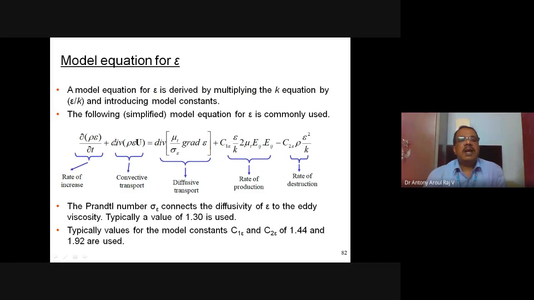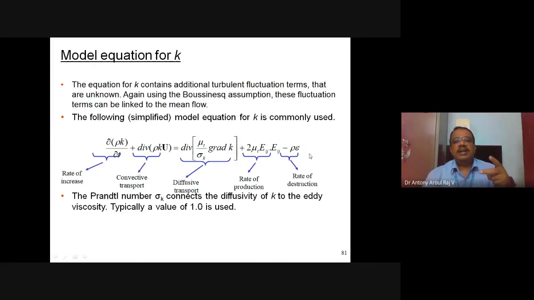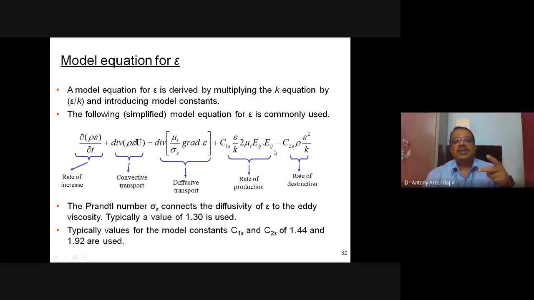Similarly, we have the equation for dissipation also. I have the transient term, convective term, diffusion term, and I have production as well as destruction terms. So we have two beautiful equations: one is the turbulent kinetic energy equation, and the other is the dissipation equation. That means we will be having k and epsilon values for each node.